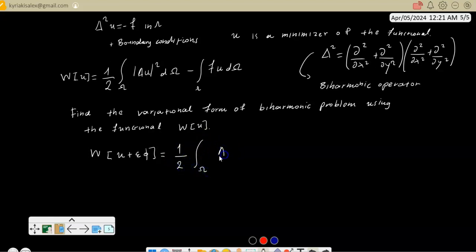The Laplacian operator is a linear second order operator, so we will have Laplacian of u plus epsilon Laplacian of phi squared minus this integral of f, and here we have this perturbation u plus epsilon phi.